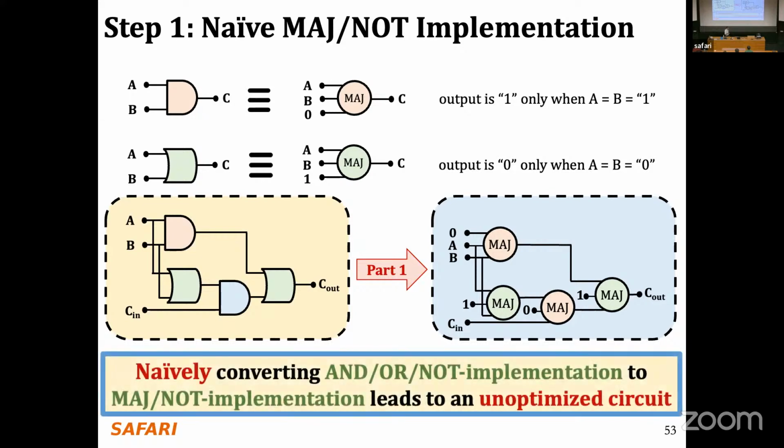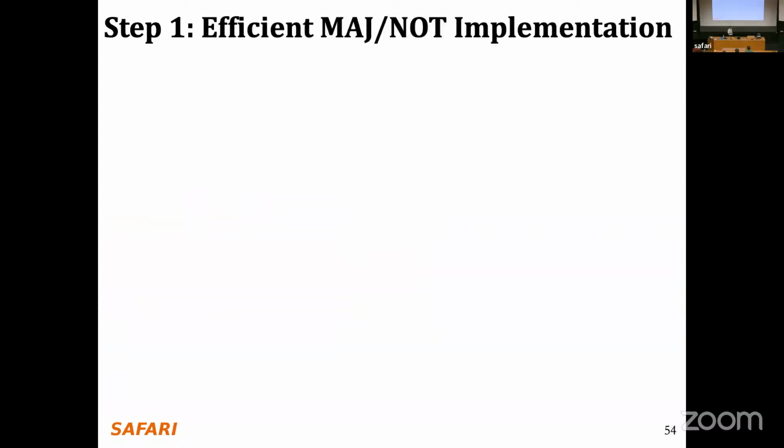But this is not efficient, because the circuit can be further optimized using majority-based logic, similar to what we would do using regular reduction rules, like De Morgan, for example, in your Boolean circuit.